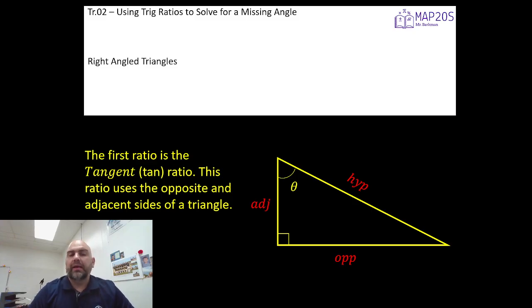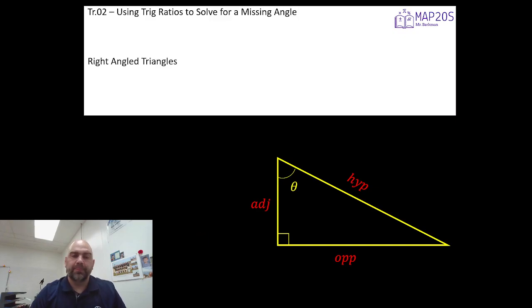This ratio uses the opposite and adjacent sides of the triangle to create a ratio which compares the two. The opposite and adjacent sides are the 2 legs, and the tangent is the operation which converts the angle into the ratio. So we have a ratio which compares the 2 sides, and the tangent operation changes the angle measure, which is related to those 2 sides, into the ratio. And we're often going to use it to go backwards as well.